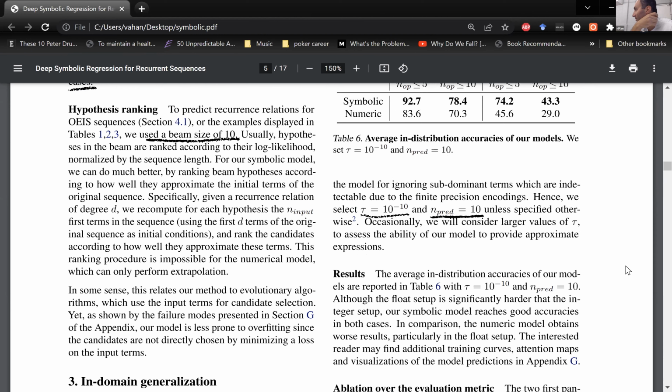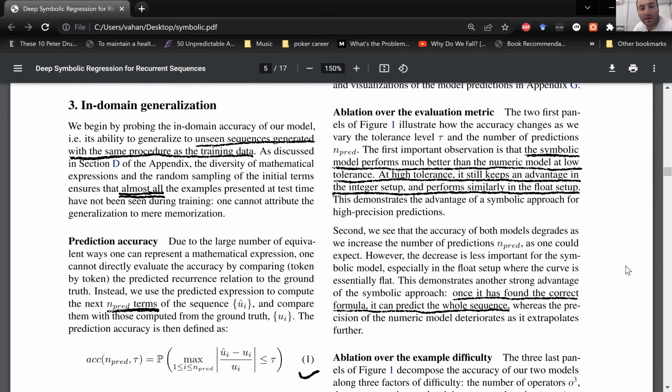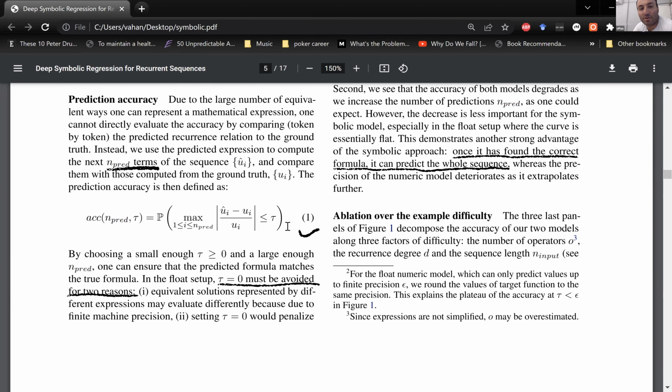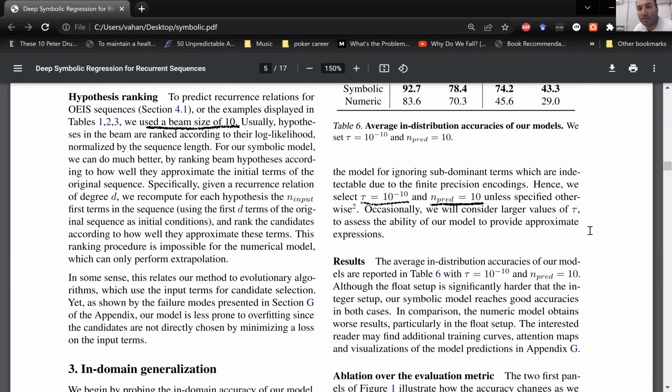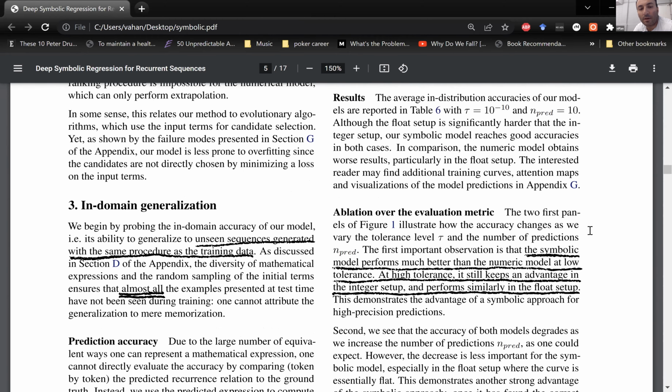I don't know how they break ties, it doesn't say. Doesn't matter, probably. And then basically they measure the accuracy based on the difference between the true and the sampled values. Tau is tunable. We'll actually play with that a little bit in the experiments.